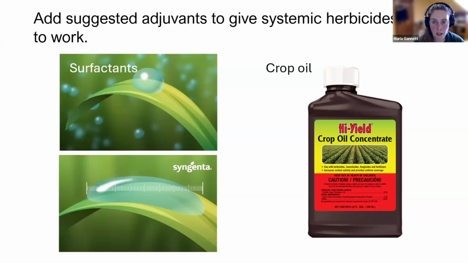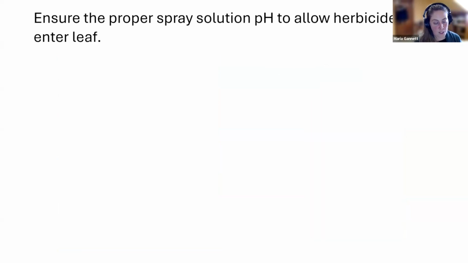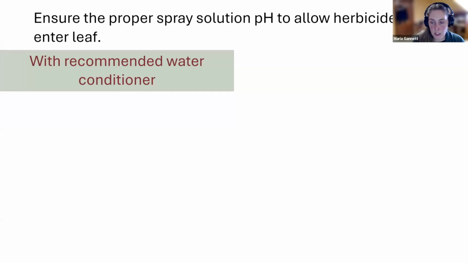If it suggests adding a crop oil concentrate, that's going to help reduce the rate of evaporation, and then again, just give more time for that product to enter the leaf. If it suggests checking the pH of your spray water or adding a spray conditioner, I would also do that. If you're into biochemistry, you can listen.